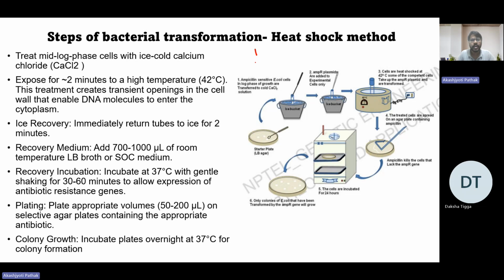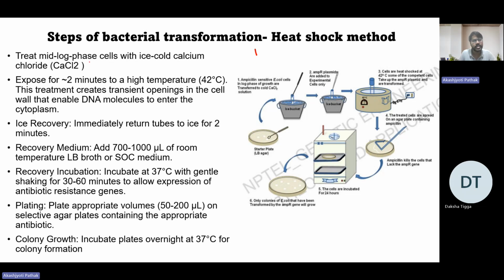We can autoclave it, and then we can inoculate the bacteria in this LB media, incubate it at 37 degrees Celsius and allow the culture to grow. Once the culture has grown, we get an OD of around 0.2 to 0.4 at this stage.